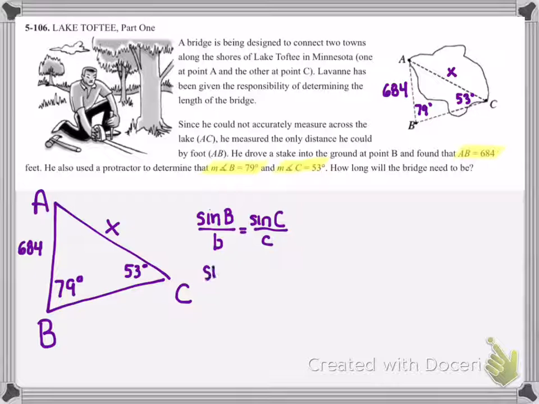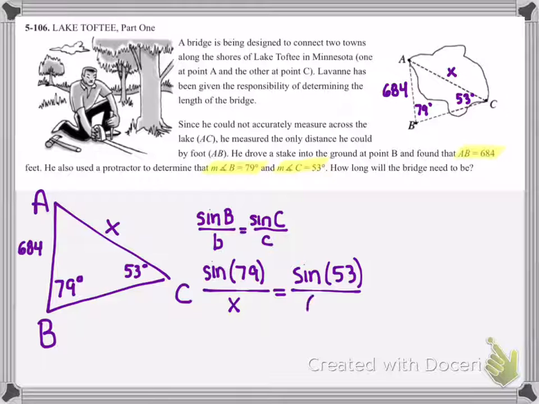We know angle B is 79 degrees, and side B is what we don't know. We know angle C is 53 degrees, and we know side C, which is segment AB, which is 684 feet. Now, when we're solving law of sines, we're going to cross multiply.